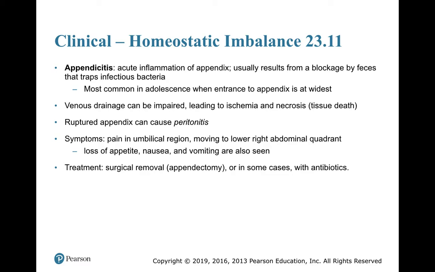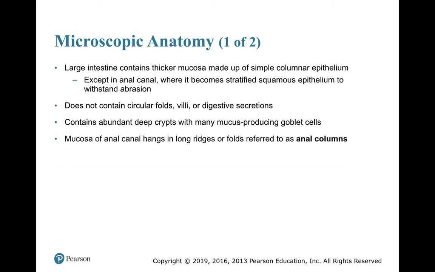This is one of those surgeries that goes back and forth between commonplace and less commonplace. Nowadays they often try to treat the acute appendicitis with antibiotics and then make a determination as to whether it needs to be removed.